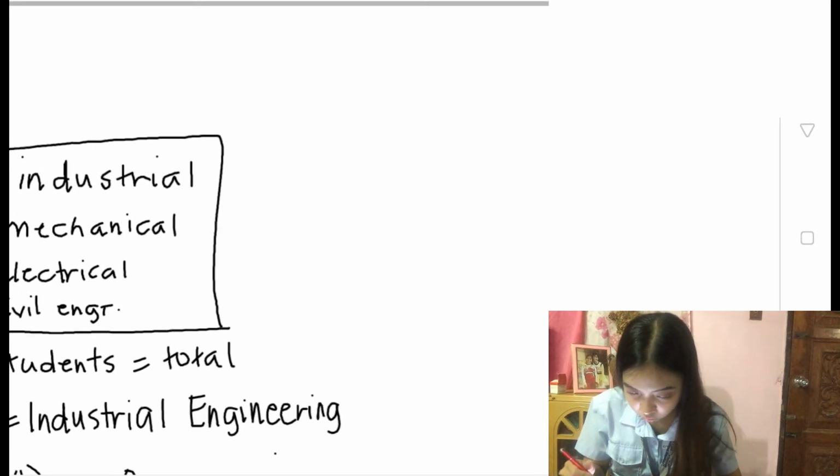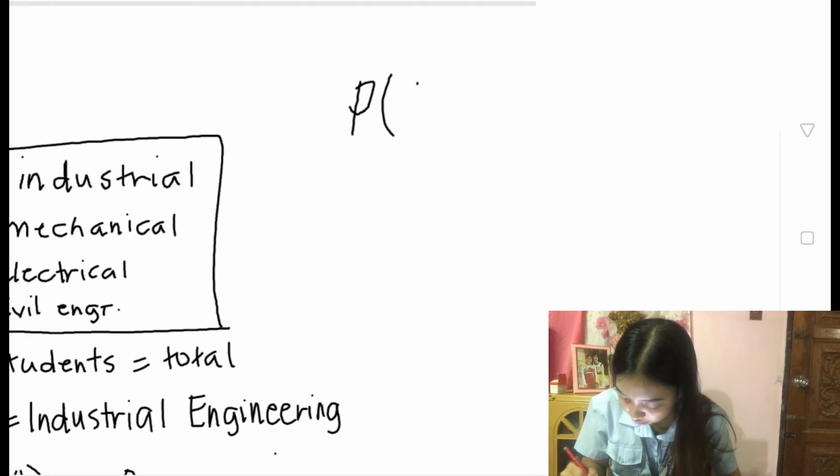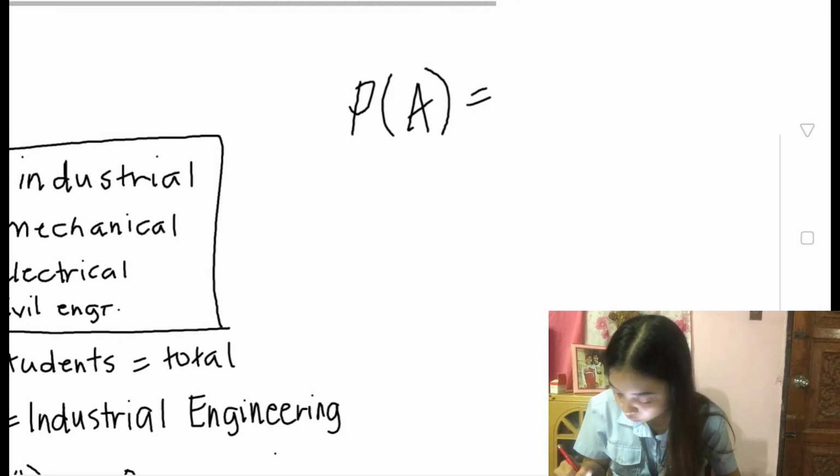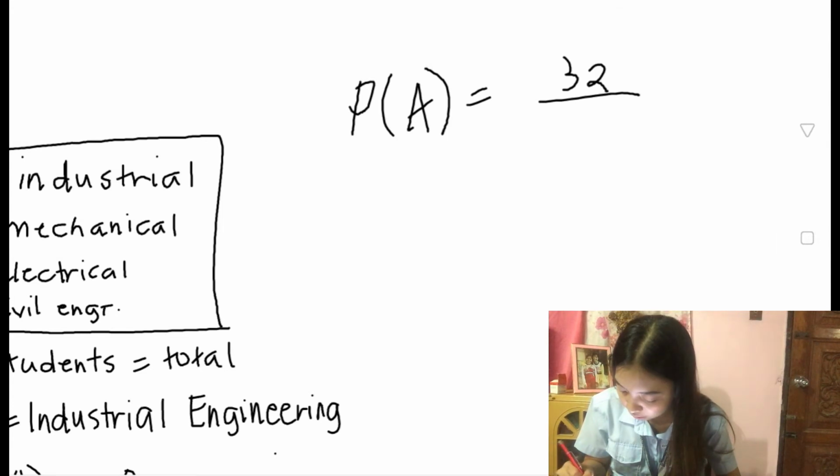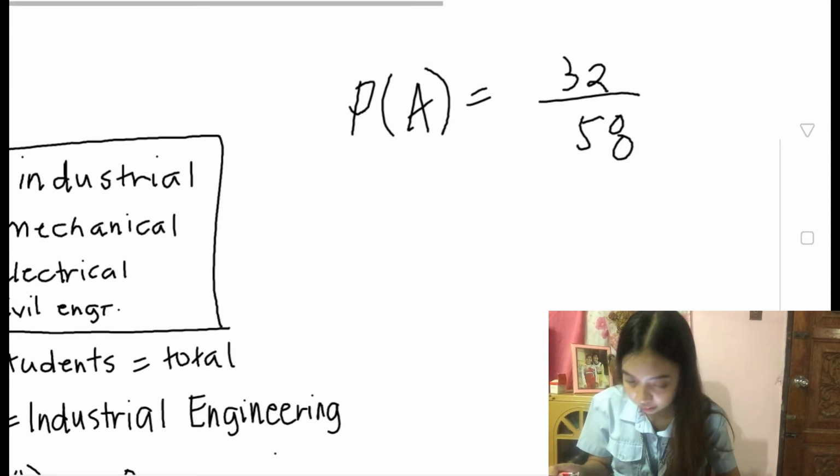So the probability of event A equals 32 over the total number of students, which is 58, so 32 over 58.